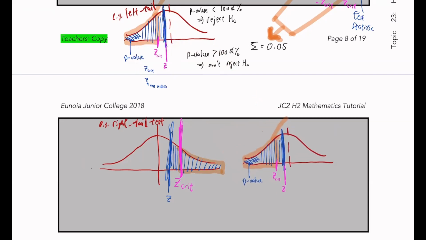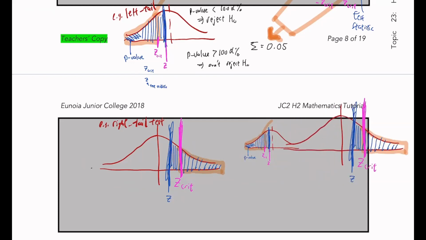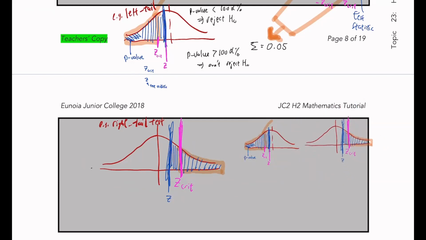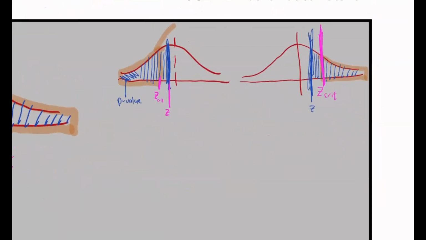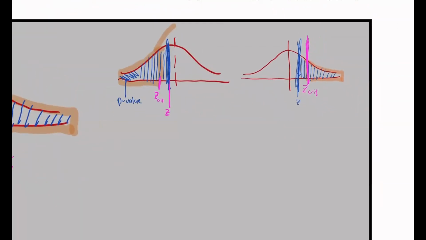That was the left tail on the left, that was the right tail on the right. So now I think it should be obvious. How would a two-tail test look for your Z and your Z crit? Combine. So let me just draw the picture.